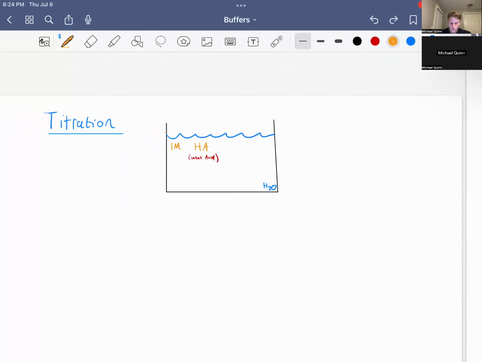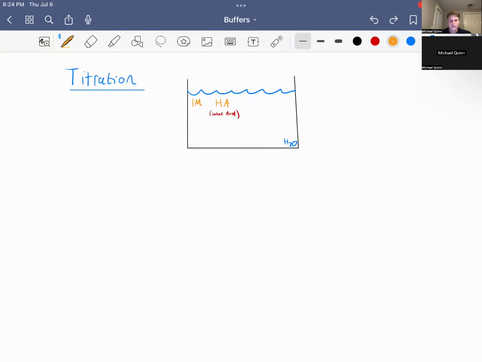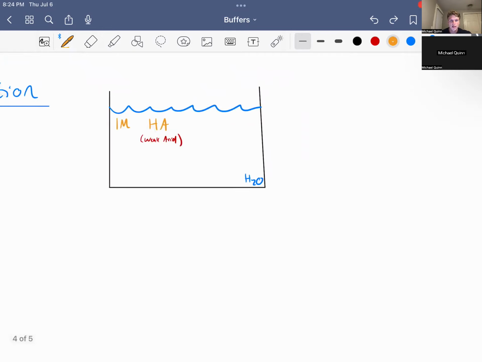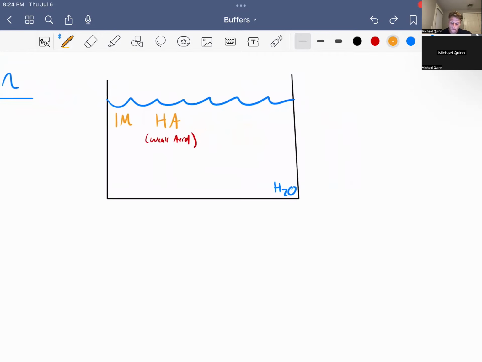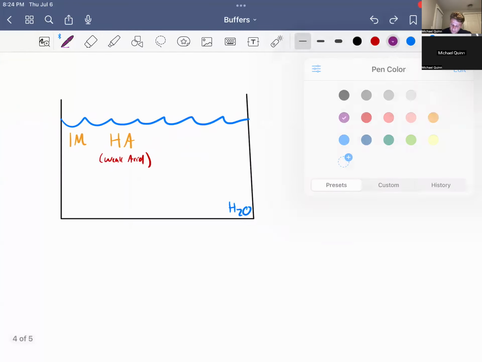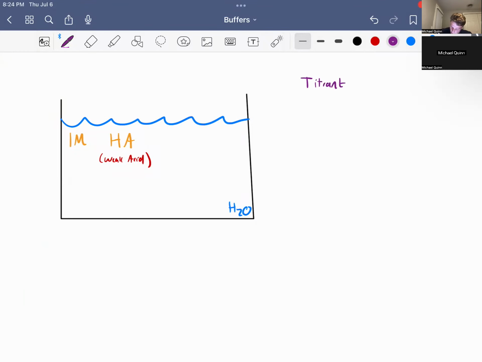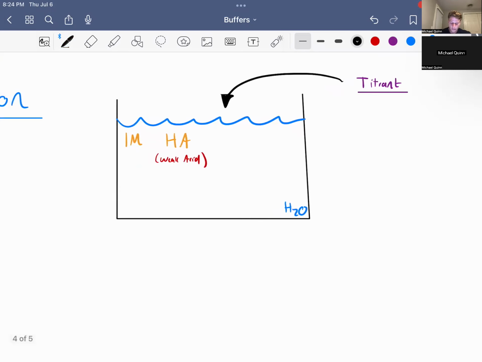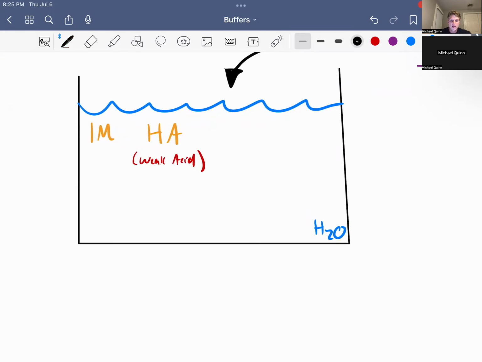Now, there is a way to create a buffer using this beaker using the method of titrations. So what we will do is we will add a titrant to this beaker, meaning we will add something from the outside of this beaker into this beaker that can create a buffer. Now, if we look at our current beaker, the only thing we are missing is the conjugate base.